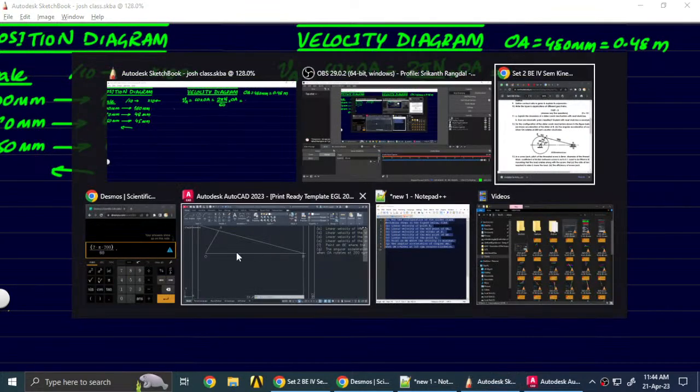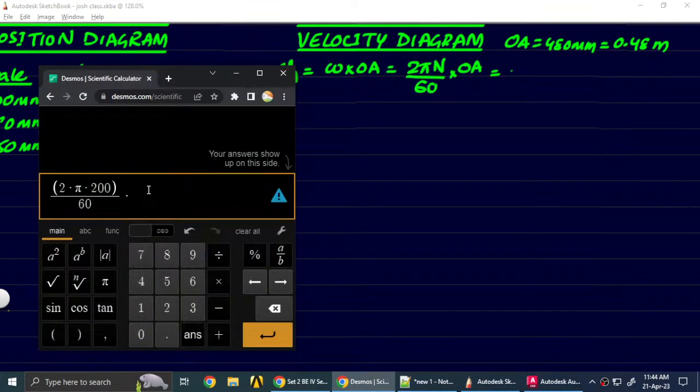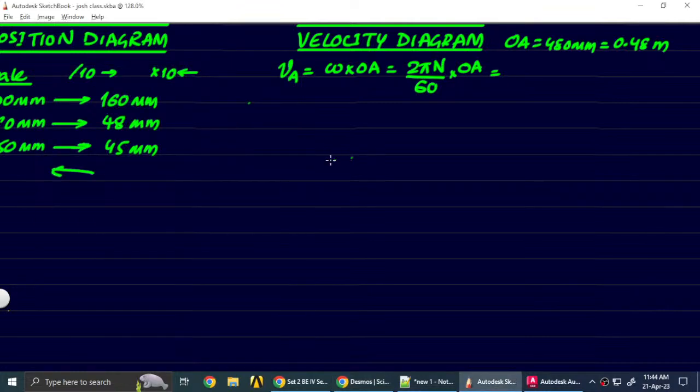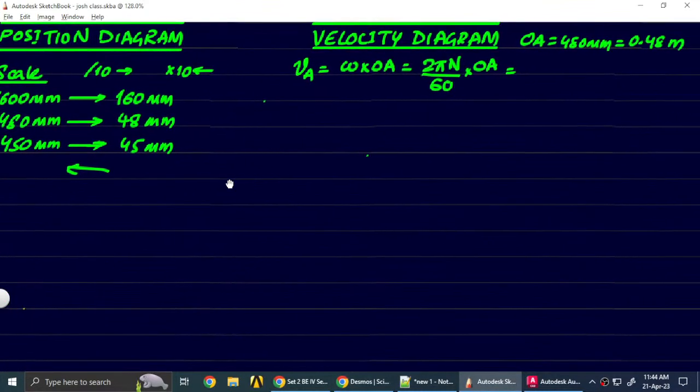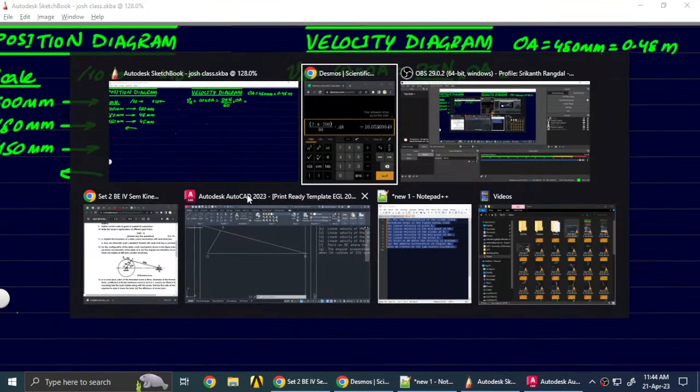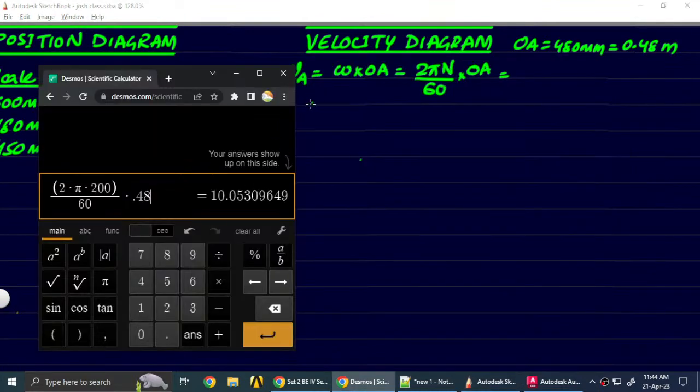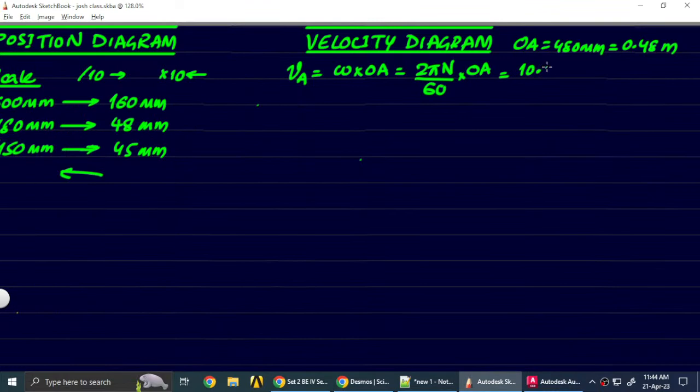So coming back here, we have to multiply by 0.48. When we do this, we get the value as 10.05 meters per second. This is the linear velocity of A. Now once again we have to take a scale for the velocity diagram. First is the velocity of A. Its actual velocity is 10.05 meters per second.